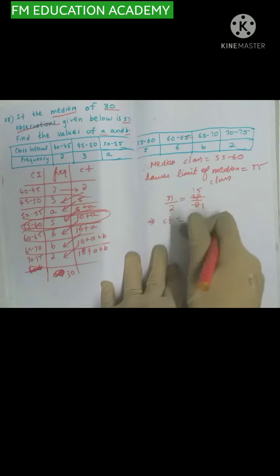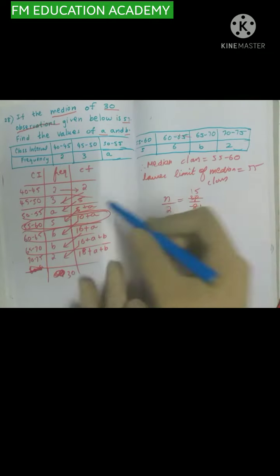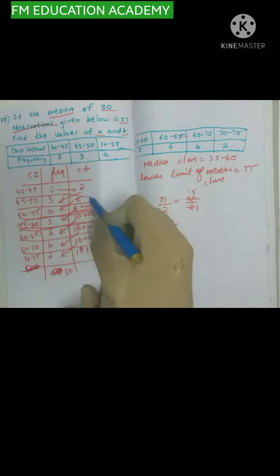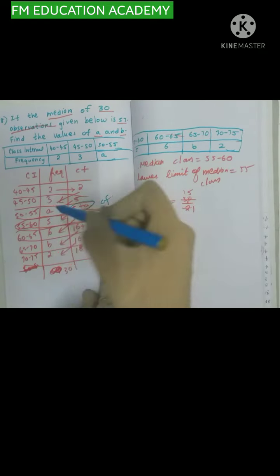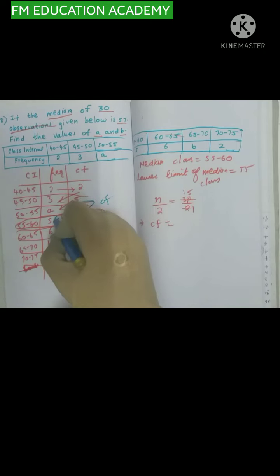Now, L plus n by 2 minus CF by F into H. What is CF? CF is the cumulative frequency of the class preceding the median class. Means if this is my median class, this will be my CF value. Always remember. And F is the frequency of the median class.